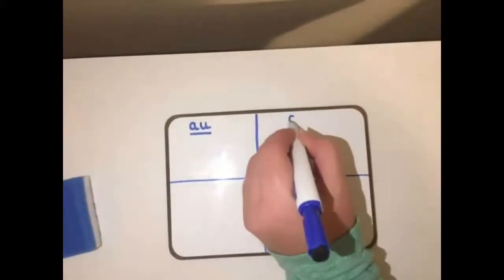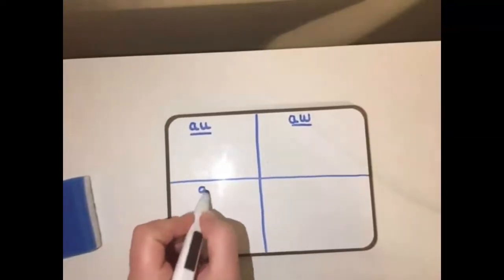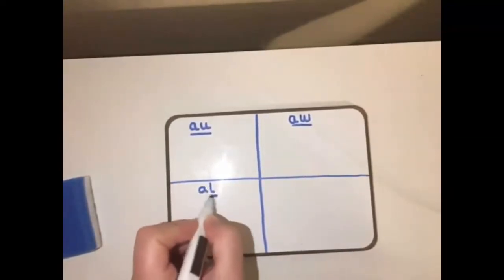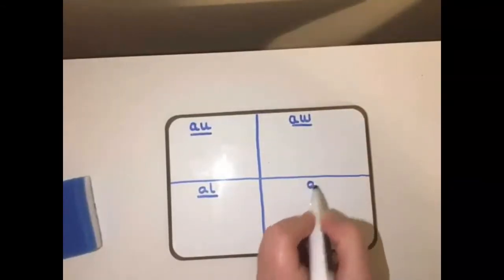The second way is with A, W, and we'll put a line under it. The third way is A-L, and we'll put a line under it. And the fourth way is just an A, and we'll put a line under it.